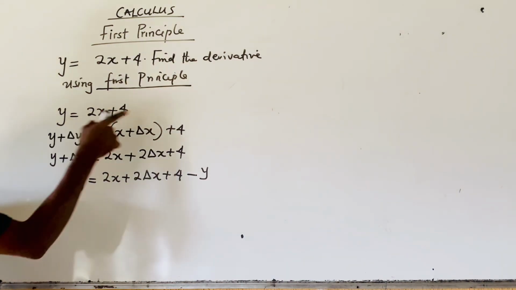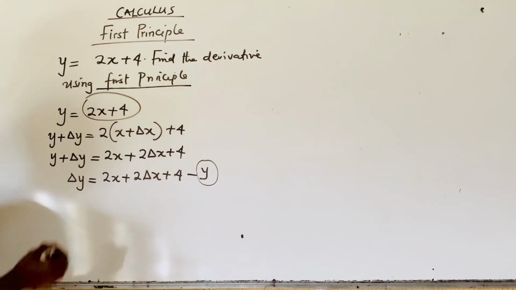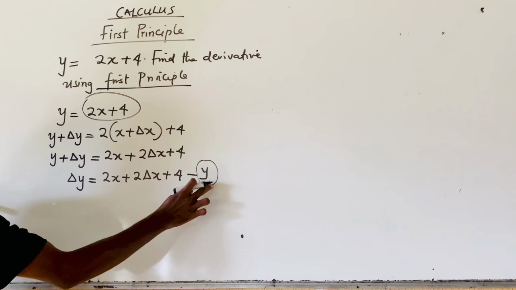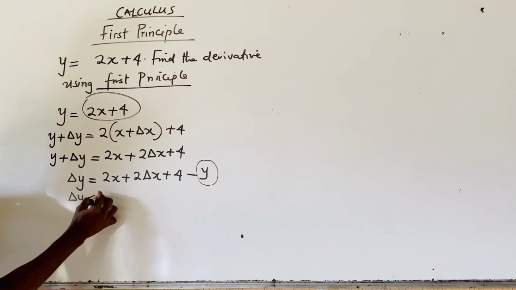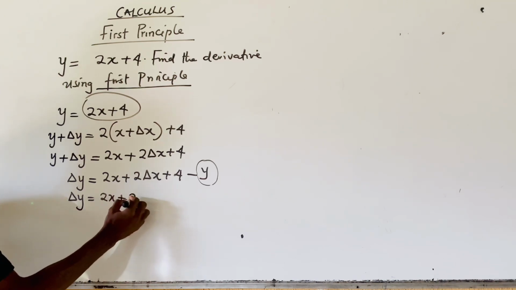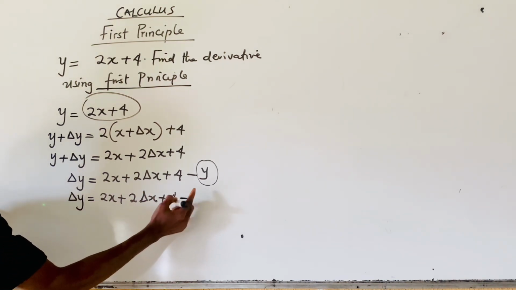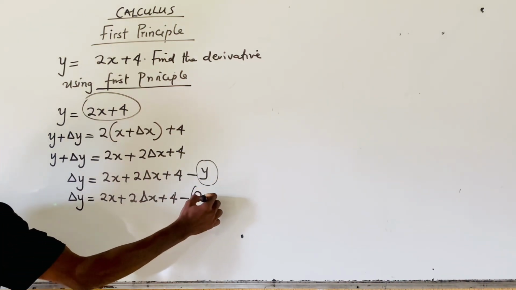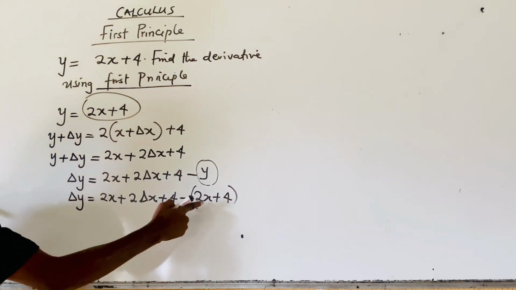So this y will come this way. Remember that this y is 2x plus 4. So remember to replace the value of y with its original value. So it becomes change in y equal 2x plus 2 change in x plus 4 minus the value of y. Y is what? Please put this in bracket, 2x plus 4, because the minus is going to affect everything in the bracket.